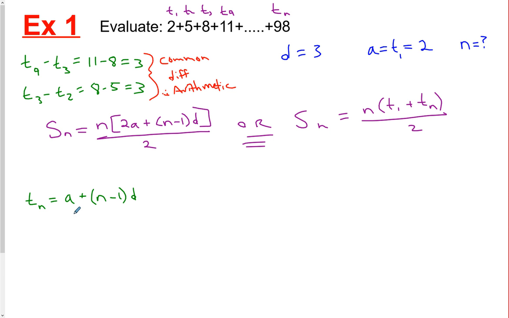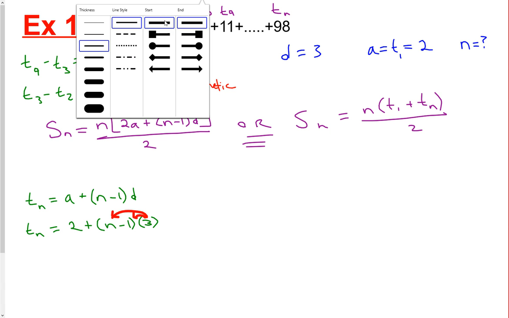Let's sub in the stuff that we know. First term is 2. Common difference is 3. Now let's simplify this. We've got to multiply our 3 by everything in the brackets.